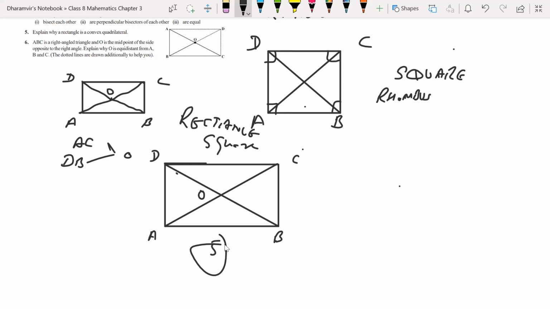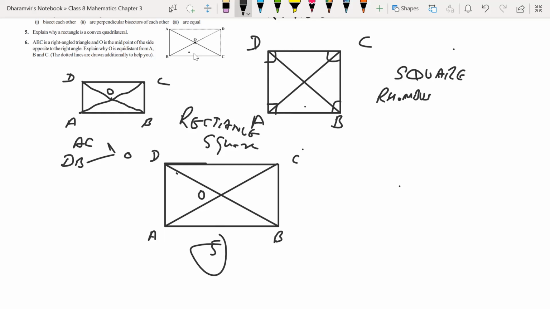Now, this is the last question of this exercise as well as this chapter, Understanding Quadrilaterals. Question number 6. As shown in the figure, ABCD. A figure is given here.